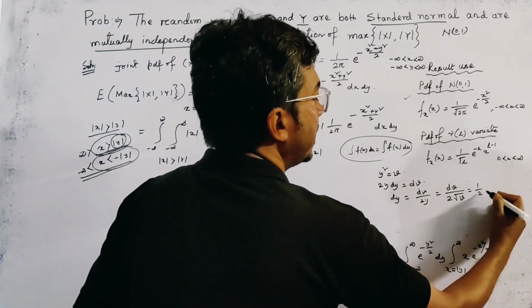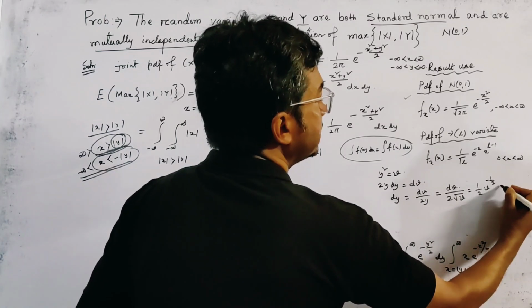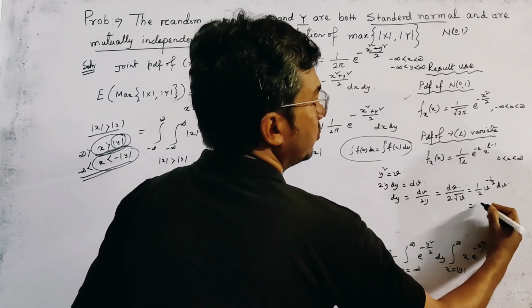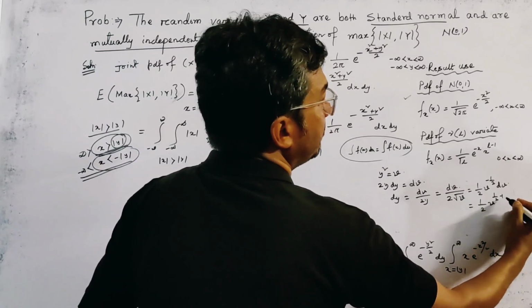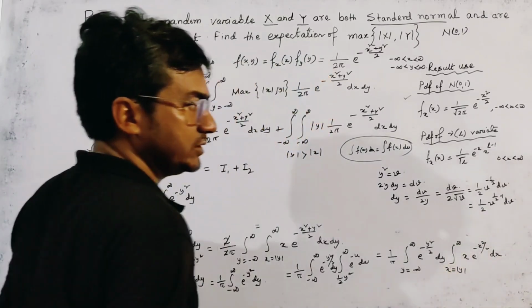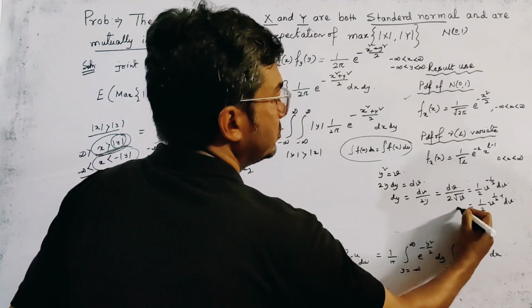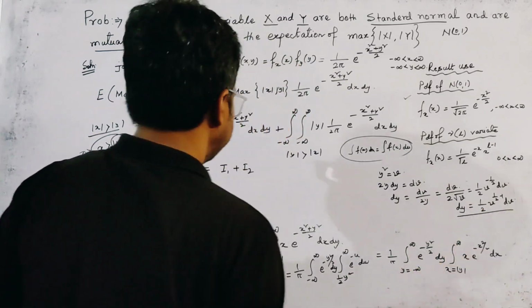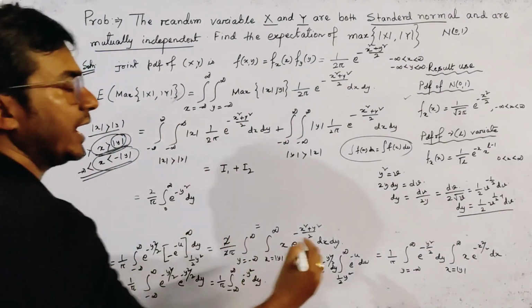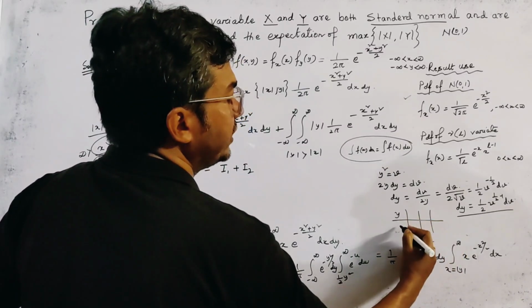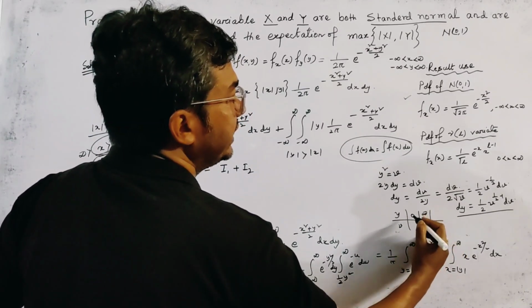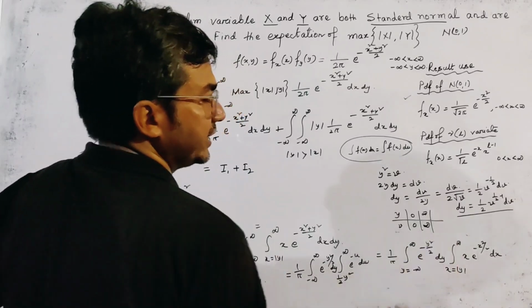We write this as half into v to the power minus half dv, that is half into v to the power half minus 1 dv. So we substitute this dy in this integration, and clearly the range of integration from y to v is 0 to infinity, this is also 0 to infinity.